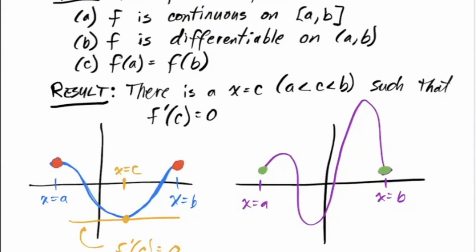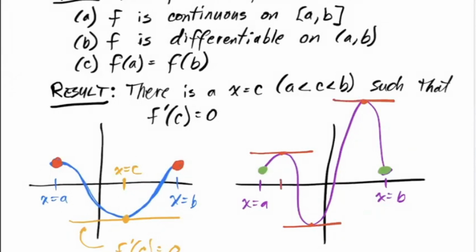All right. So Rolle's theorem tells me that there is this number c somewhere between a and b, so that if I took the derivative of the function at that point c, then I would get the derivative equal to 0. So the tangent line is horizontal. If I look at my second example there, you can see that I got a horizontal tangent line there, and I got one here, and I've got one here.